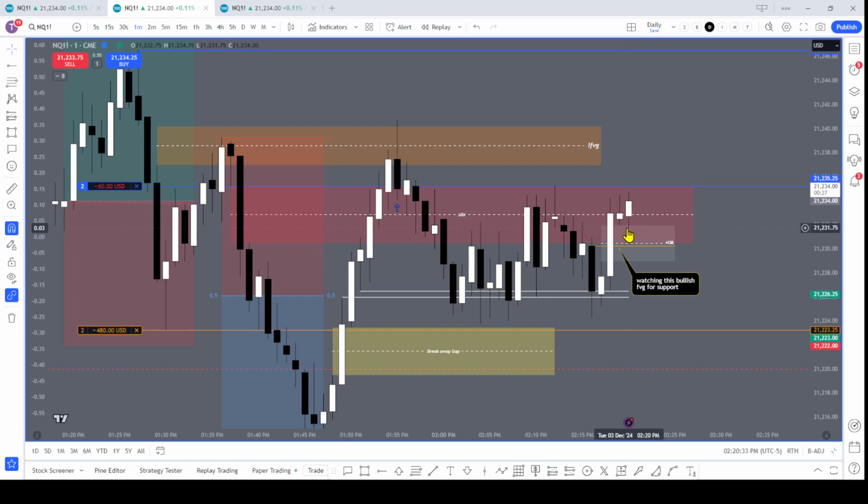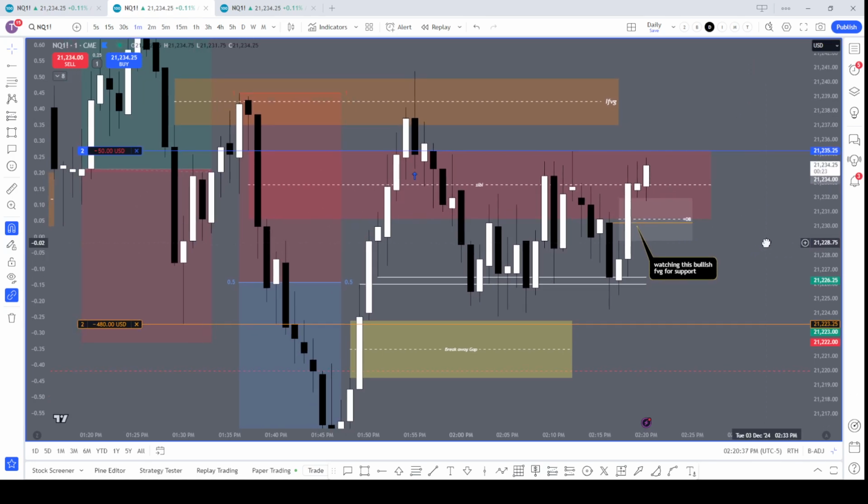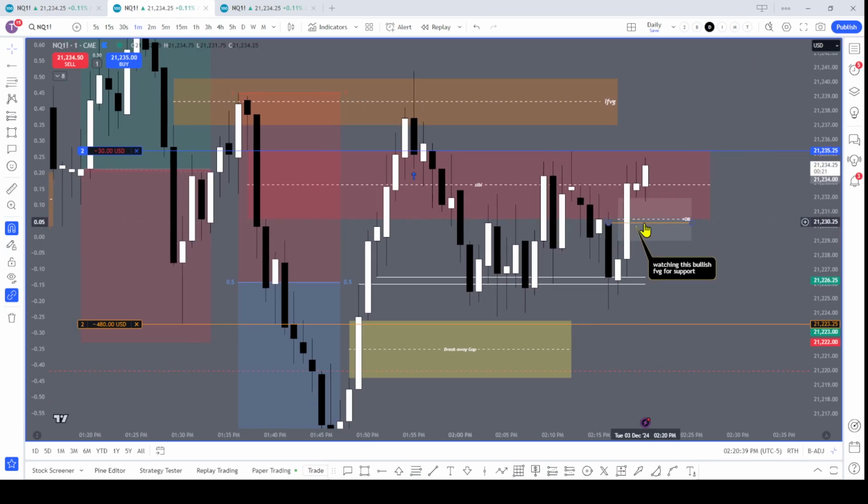We just tapped into it. That could be enough to send it higher. Let's see if it wants to come back down to the midpoint of it, maybe this opening price there.